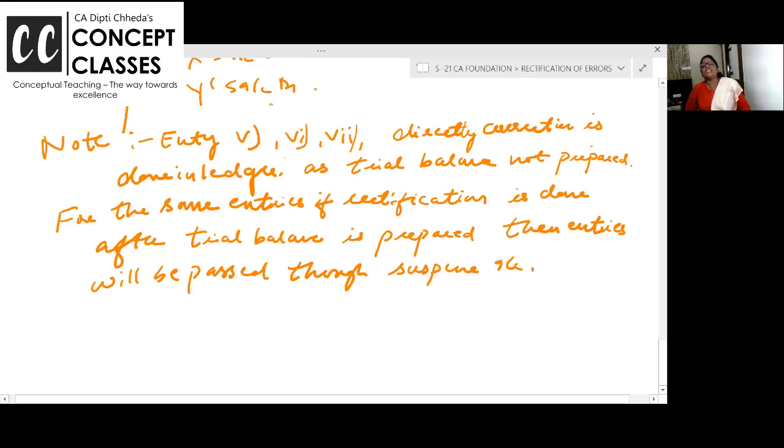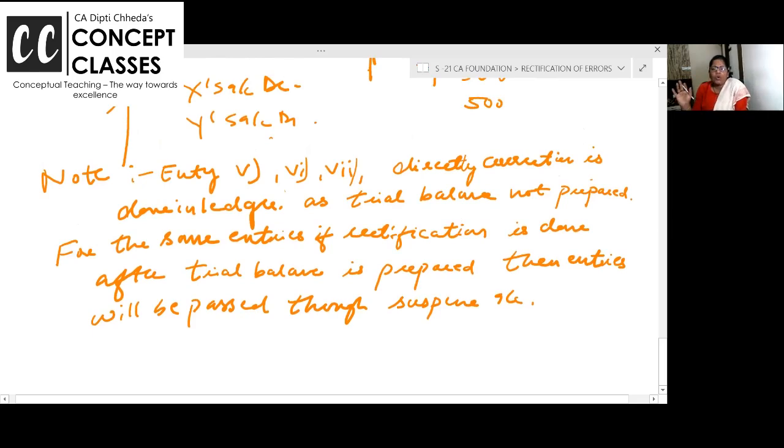Don't write all this explanation in the exam. This is for your understanding. Right now, the trial balance is not prepared, so we are rectifying the entries directly in the ledgers. But if the trial balance is prepared, you will rectify the entry through the suspense account.